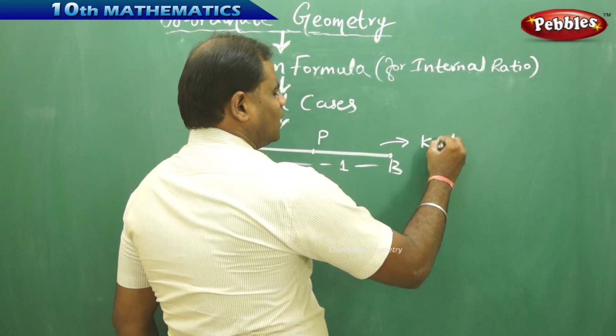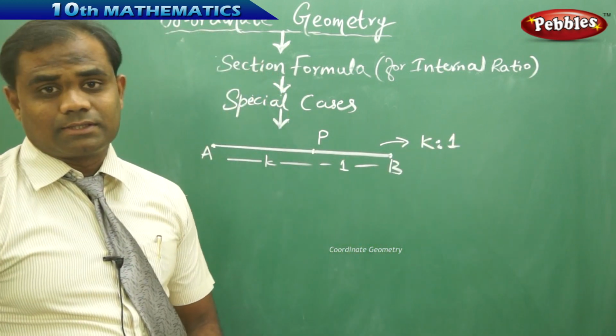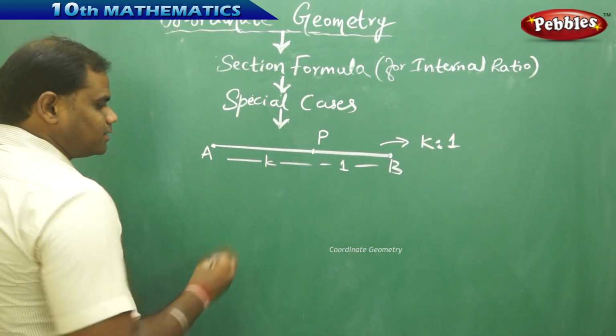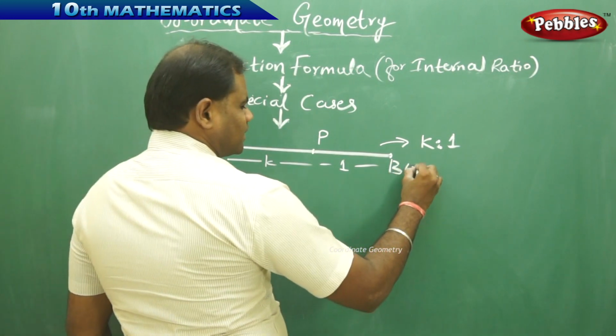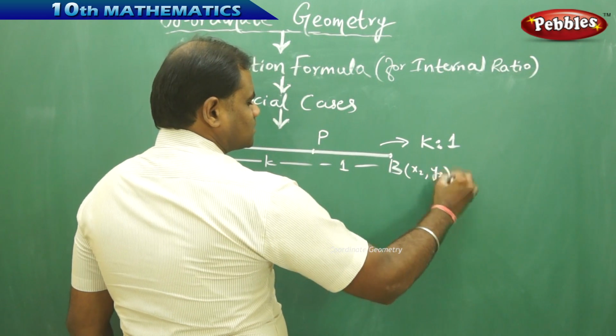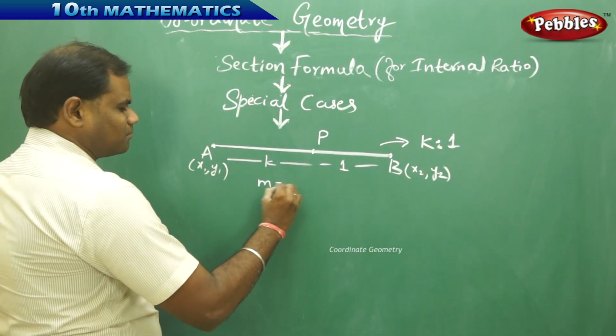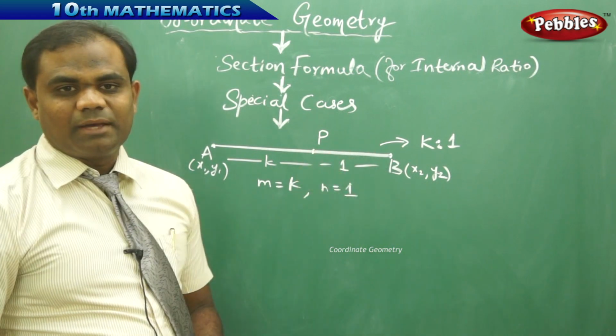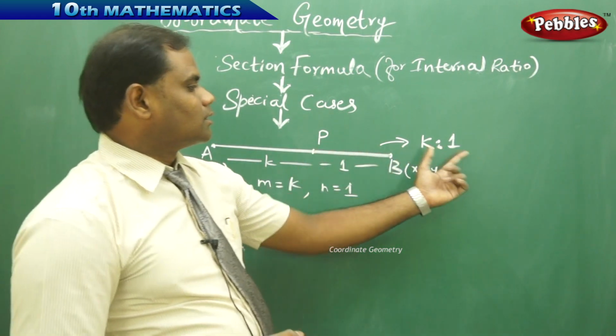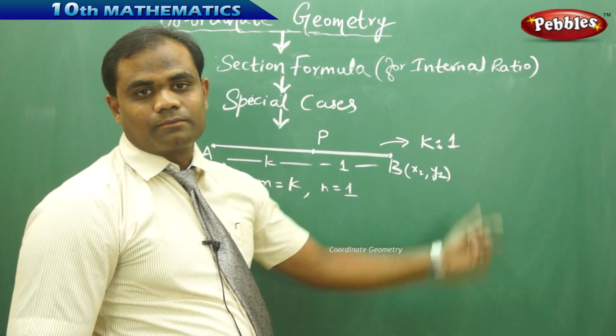Let's see how the formula reduces. As I can clearly see here, the coordinates of A are fixed as x1, y1 and B as x2, y2, but my ratio, which was m, reduces to k and my n reduces to 1. M is to n is k is to 1, therefore m is k and n is 1.